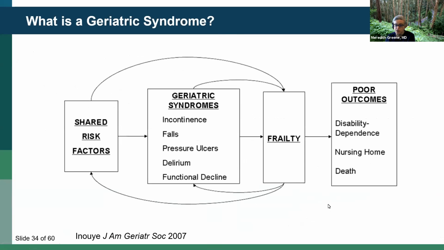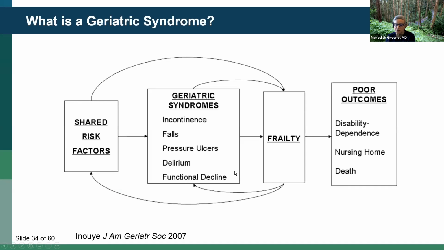So additionally, this was a conceptual model around geriatric syndromes. Many syndromes actually travel together and share risk factors. So things like increasing age and cognitive impairment all can contribute to geriatric syndromes like urinary incontinence, falls, delirium.